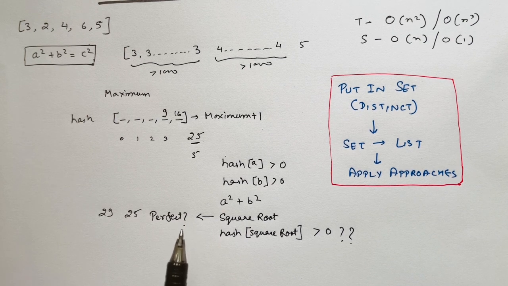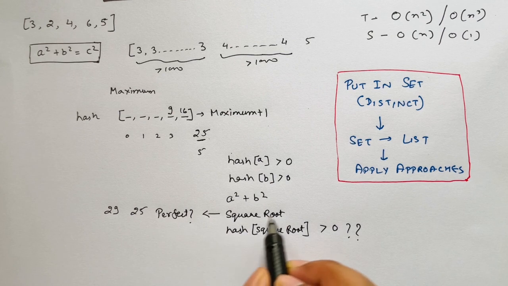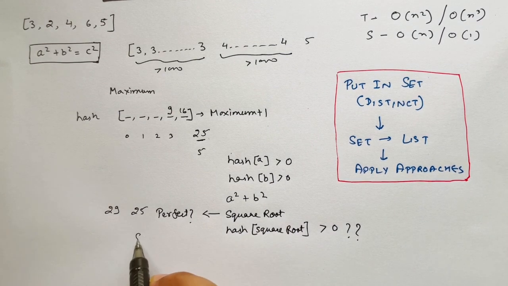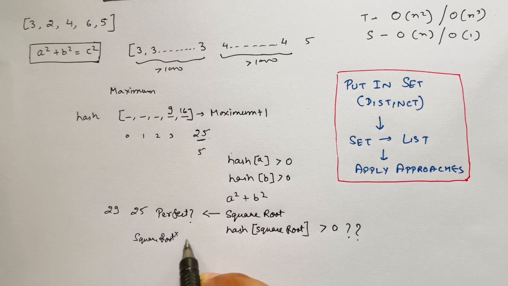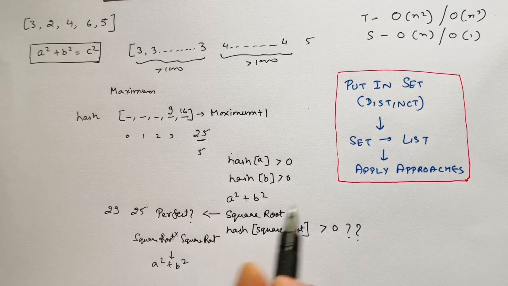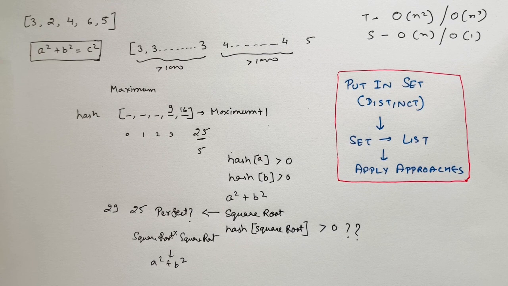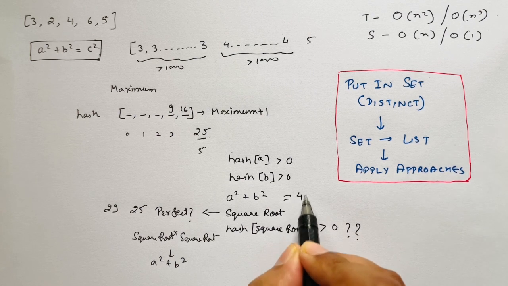Now how do we check whether something is a perfect square? That is very simple. We can just check if this square root multiplied by itself actually results in a square plus b square, that value that we calculated here. For example, if a and b were 4 and 5, then this a square plus b square would have been 41.